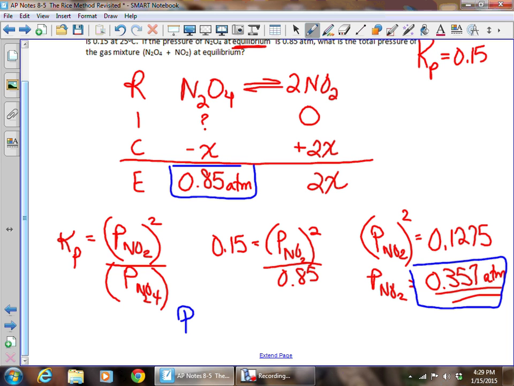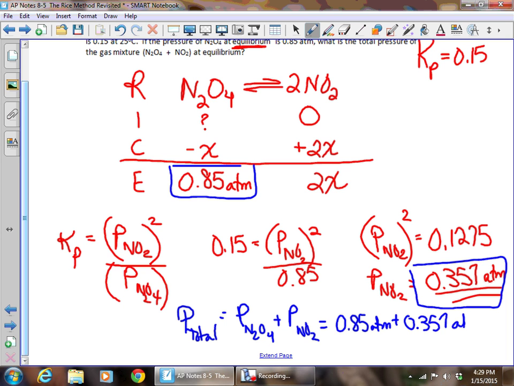So the total pressure is going to be equal to the pressure of N2O4 plus the pressure of NO2, which is going to be 0.85 atmospheres plus 0.357 atmospheres. And we end up with a value of, to 2 places past the decimal, which is really all we can support, 1.21 atmospheres for our total pressure.